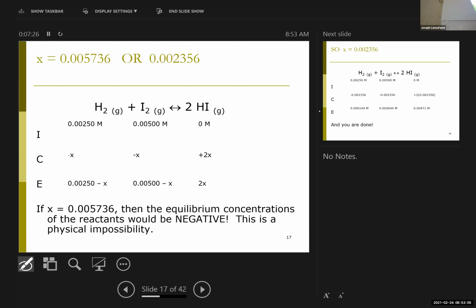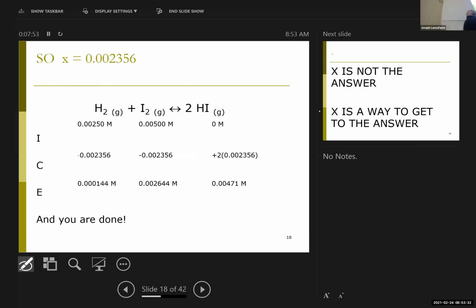The only one or ones, typically it's one, right, that works is the one that makes chemical sense, which is the one that does not give you some kind of physical impossibility in the ICE chart. Right. And so I throw out x equals 0.005736, even though it's a positive root, because it gives me a negative final amount, right? And so the other root is my correct root, and I am done, albeit 3 minutes late.